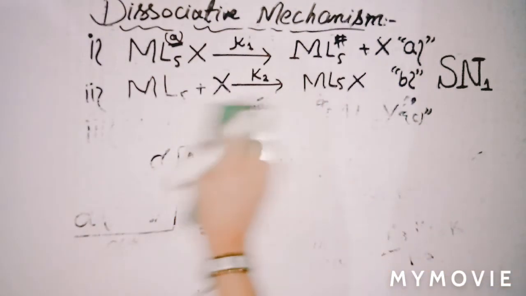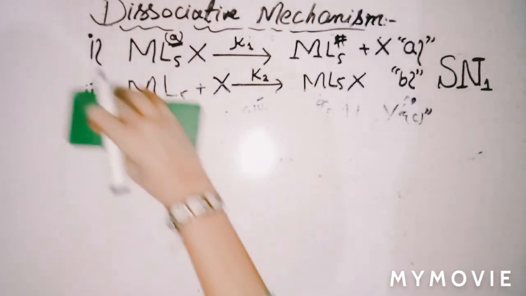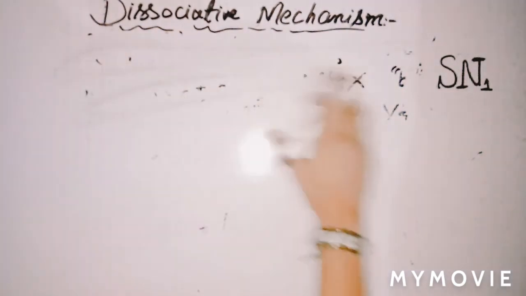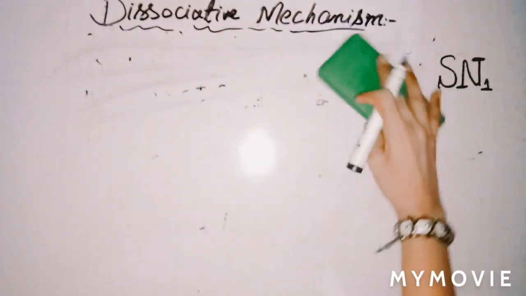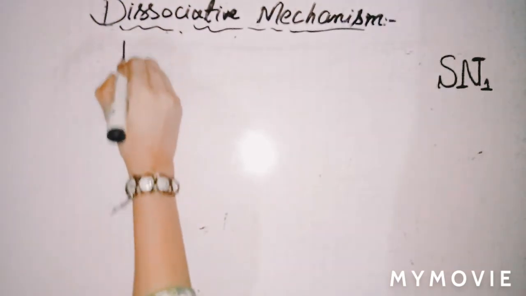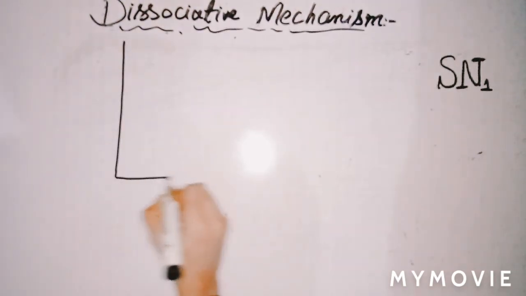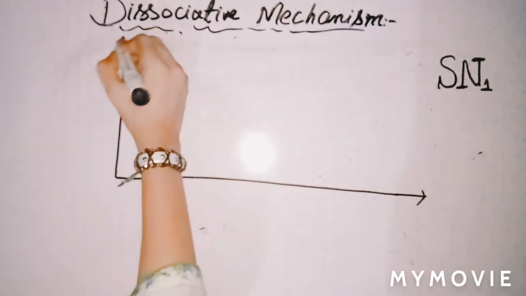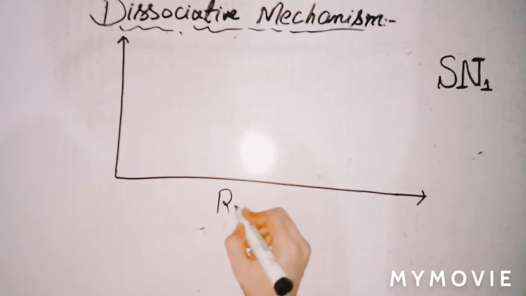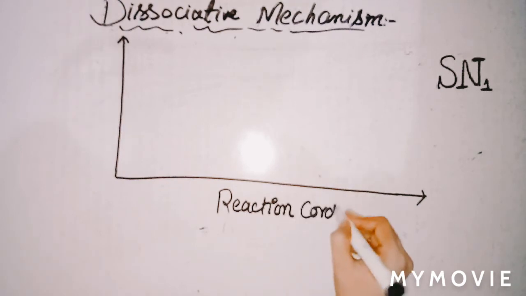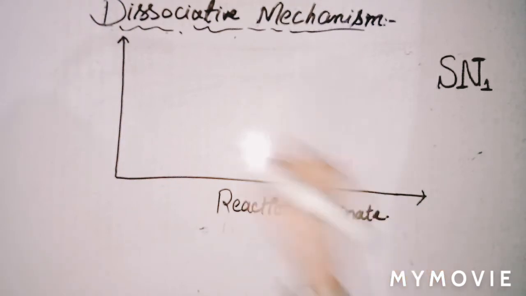So we can also draw the energy profile diagram of this mechanism. Its energy profile diagram will be drawn in this way. On the X-axis take the reaction coordinate, and on the Y-axis energy.